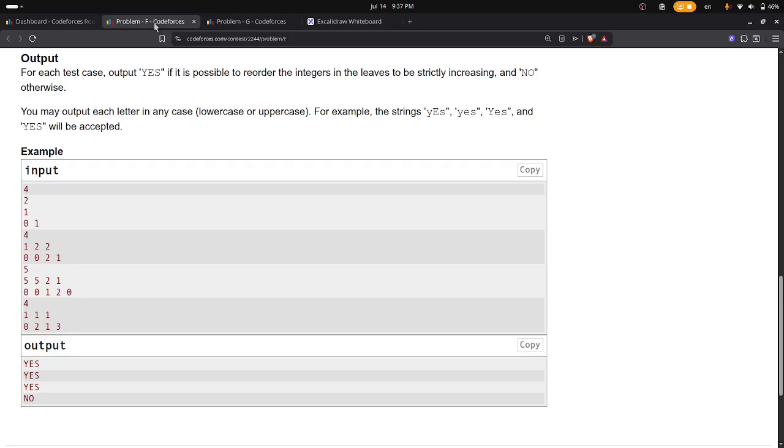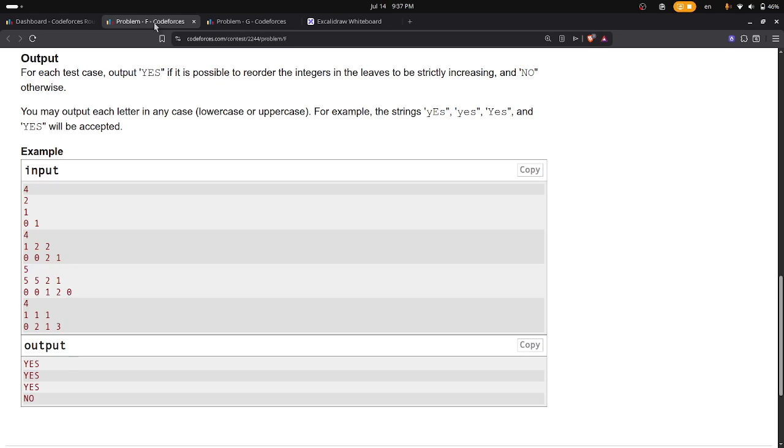Now it is not yet sorted, but we can do a cyclic shift at 2 to make them sorted. We just need to determine whether it is possible or not. For the last test case it is not possible.